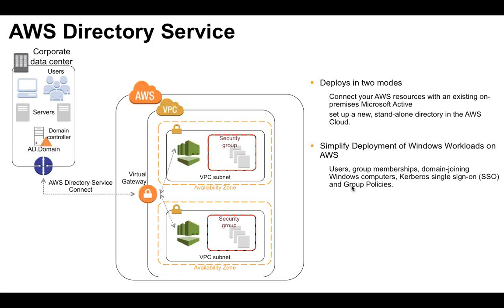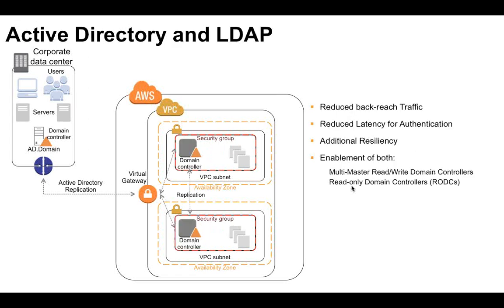If you want a full-fledged directory with all the bells and whistles that Active Directory provides, then you could also plan on launching your own domain controllers within the VPC in a redundant fashion. If you see here, there are two in both availability zones, and connect them back to your AD within your own data centers. This lets you have use cases that support software such as Microsoft Exchange, and some places where you need a higher level functionality of Active Directory.